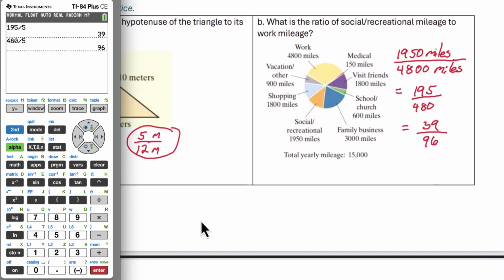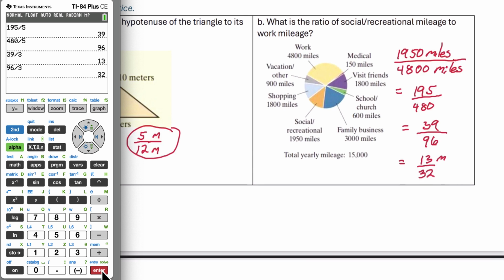And now we need to see if this will reduce any more. And it looks like it will. It looks like they're both divisible by 3. So we can divide 39 by 3 to get 13. And we'll divide 96 by 3 to get 32.